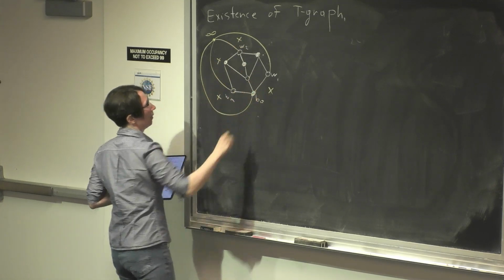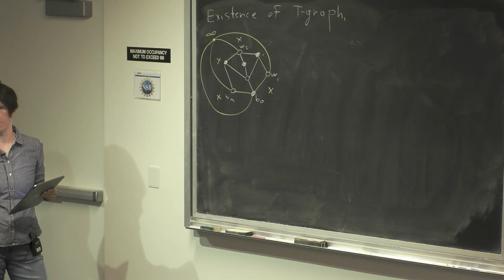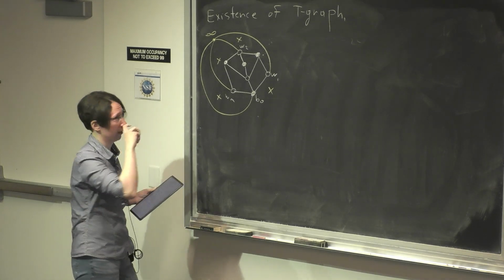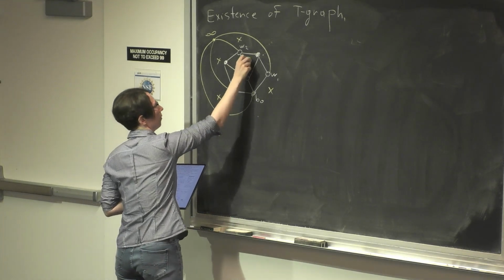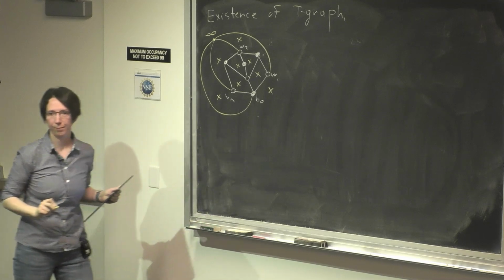Okay? And now I have a dual graph which has 2m outer vertices instead of 1, if we start with the initial one, and I want to embed it as a T-graph.